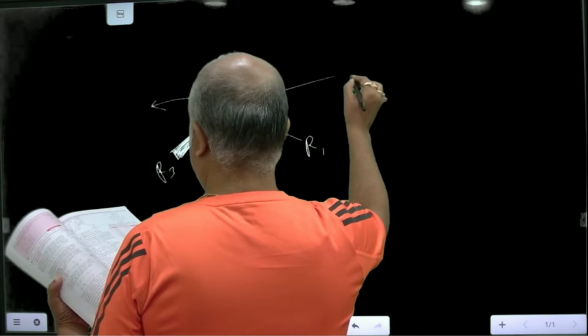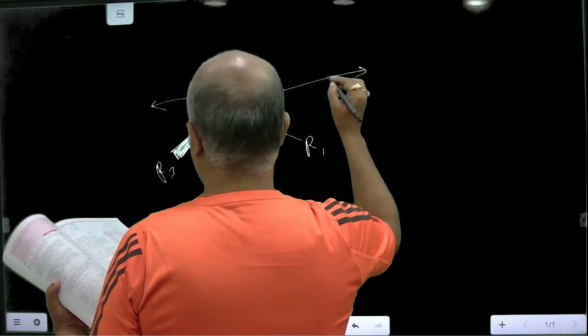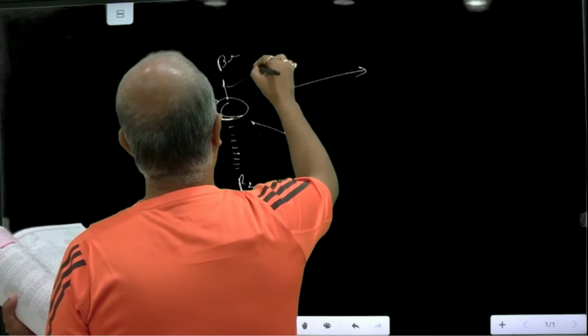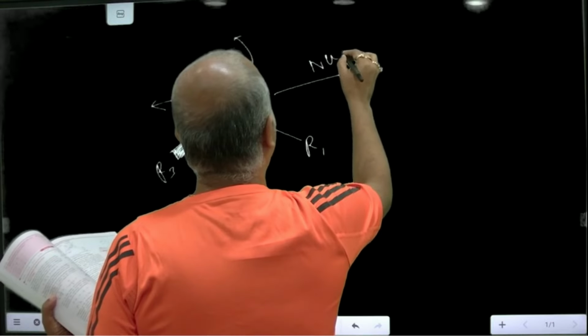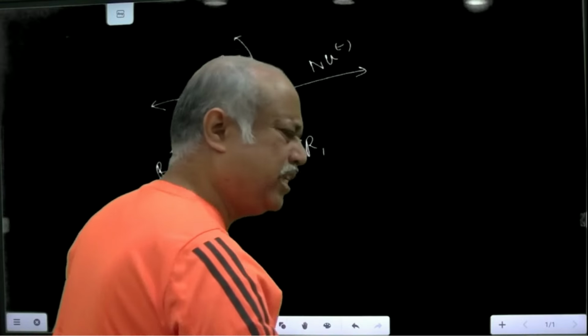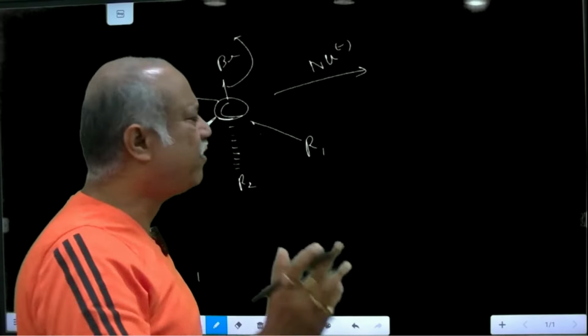First of all, the leaving group is removed, and then any nucleophile can attack, whether OH minus or any type of nucleophile.